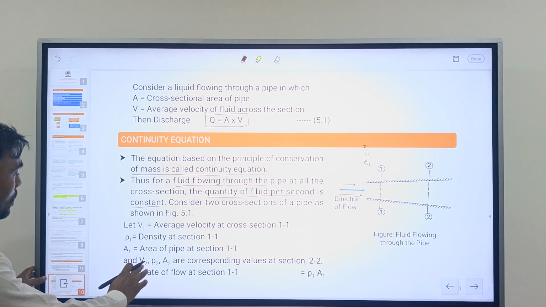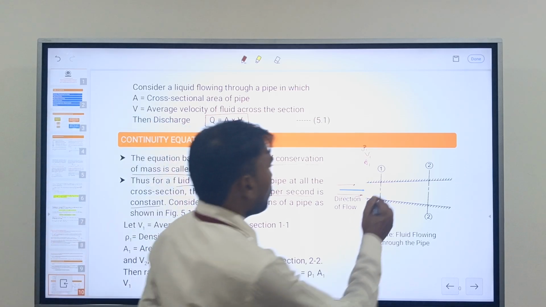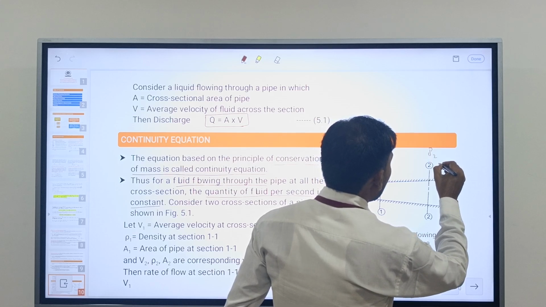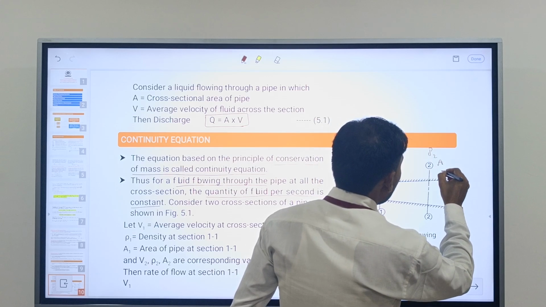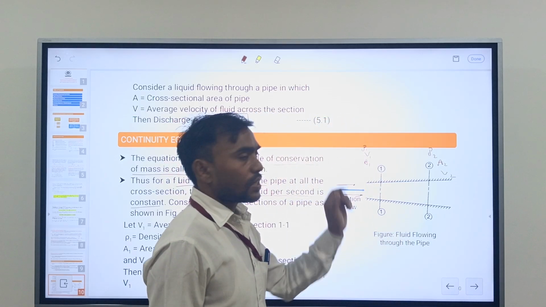Similarly, V2, ρ2, A2 are the corresponding values at section 2. Means this value will be ρ2, A2 and V2. Density, average velocity, cross sectional area.